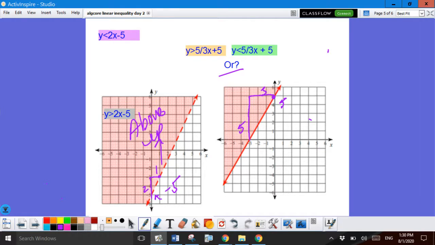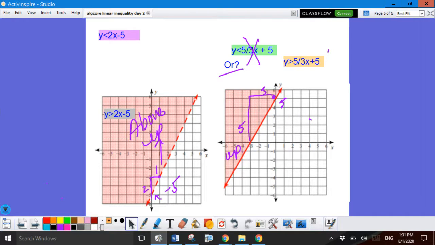Well, is it greater than 5/3 x plus 5? Is it less than 5/3 x plus 5? Or is it something else? Well, the first thing that I see is this is up. So I know it cannot be that one. But is it this one? Is it y is greater than 5/3 x plus 5? It is not.